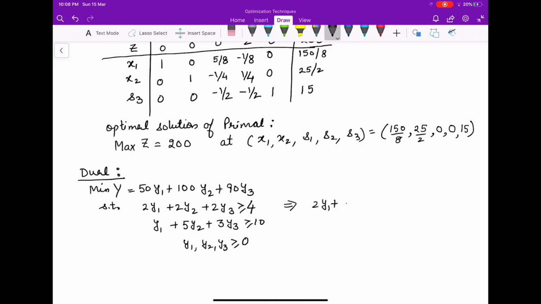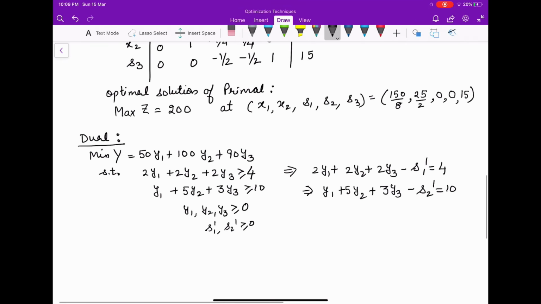So my equality constraints will look like 2y1 plus 2y2 plus 2y3 minus s1' equal to 4, where it is minus because it is a surplus in this case, and the second constraint looks like y1 plus 5y2 plus 3y3 minus s2' equal to 10, and of course all variables are again greater than or equal to 0. Now we want to find the optimal solution of the dual.